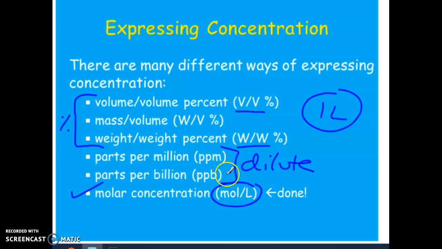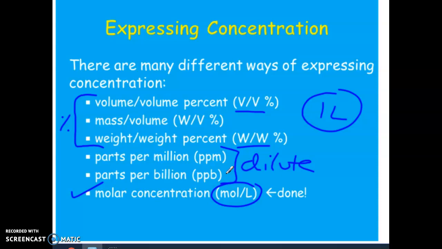Now, parts per million and parts per billion, typically where you will see this is where you have very, very small concentrations of solute. So usually that's environmental science or health sciences. So for example, let's say we're doing water quality and we want to look at all the different components in water. Let's say tap water.